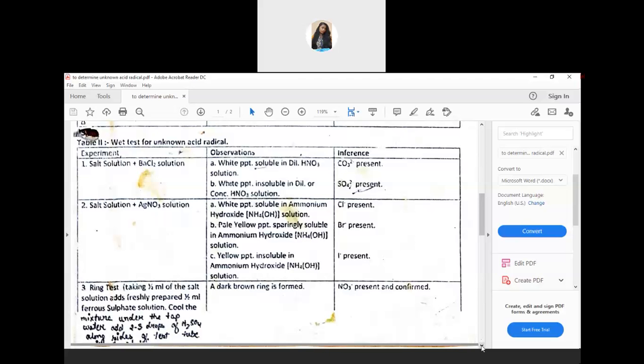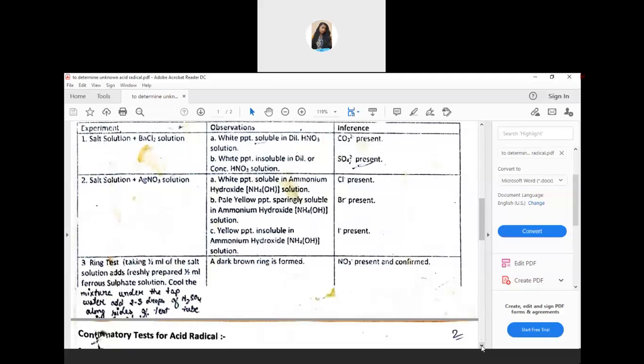Got it? Next, after this second test, you have to go through the third test, the ring test. Some of you already know what a ring test is and how to do it. For those who don't know, for the ring test you have to take a salt solution and add a freshly prepared ferrous sulfate solution.